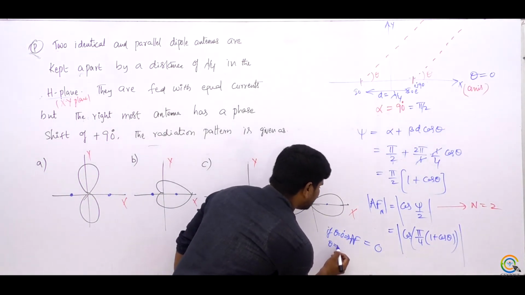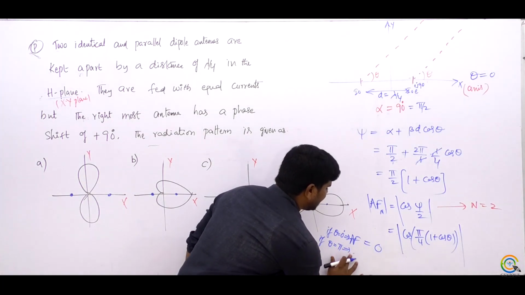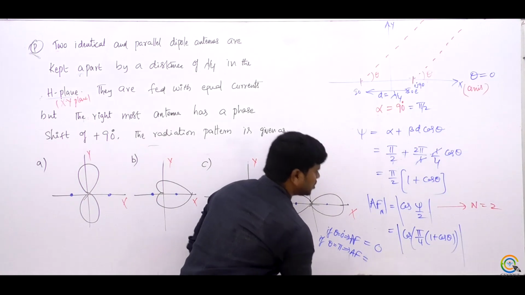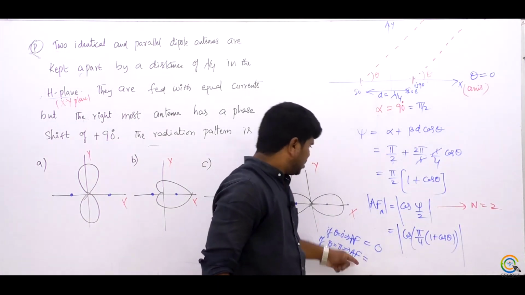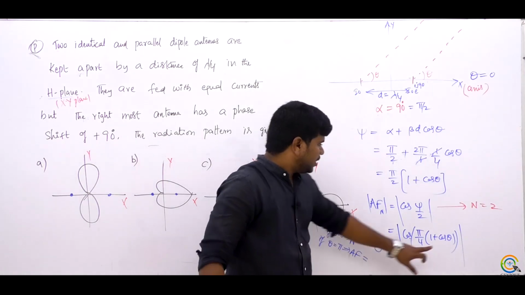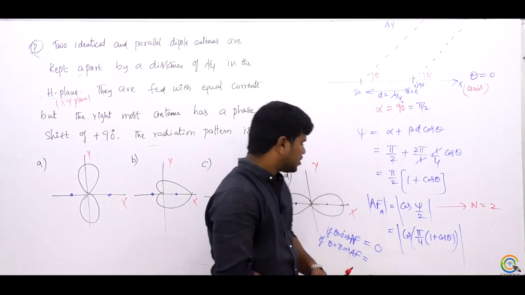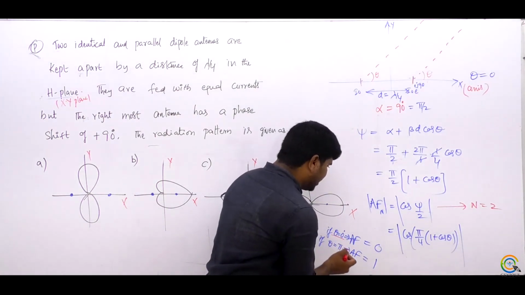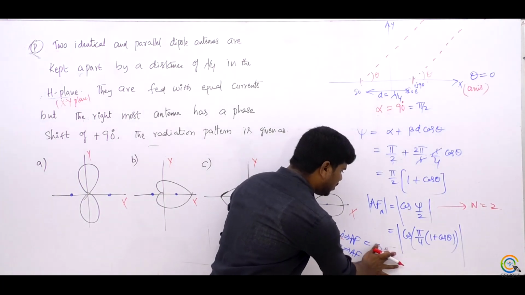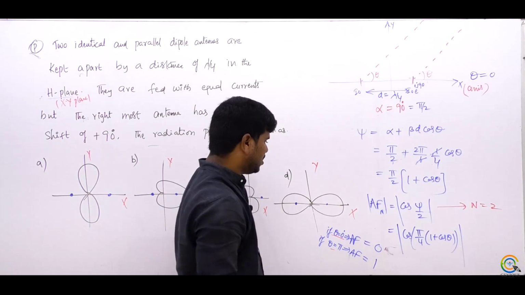If theta equals pi, what happens to the error factor? Cos pi is minus 1, so the term is 0, and cos of 0 is 1. So for theta equals pi it has the maximum, while at theta equals 0 there is zero radiation.